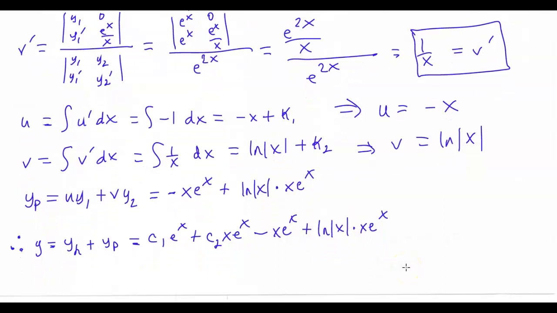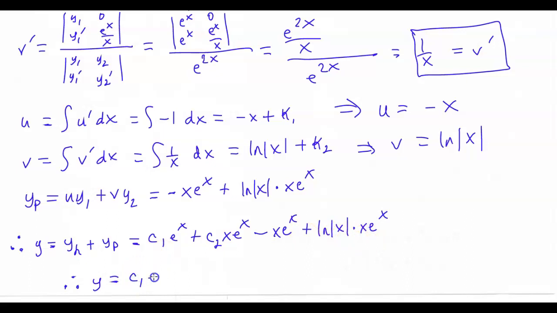And so now what we want to do is condense this down some. So to do this, we see that we have these three terms here that have x e raised to the x in it, but since this third one has a natural log of x times it, we're just going to leave that one alone.